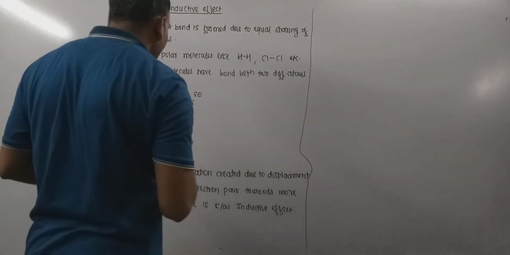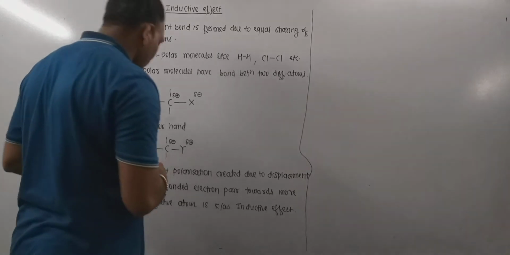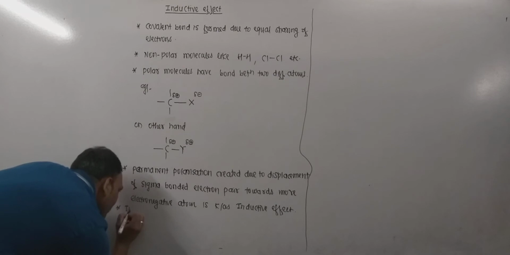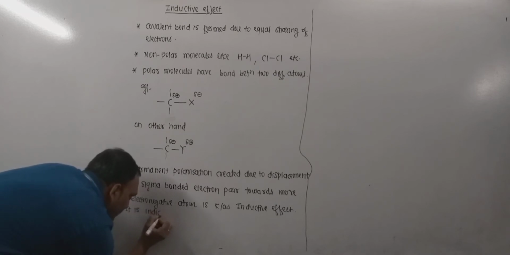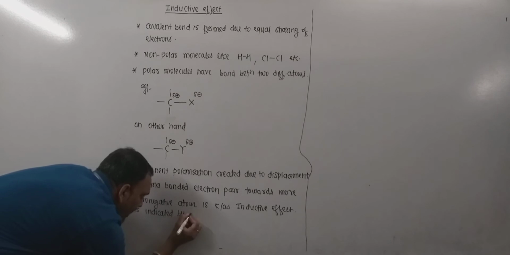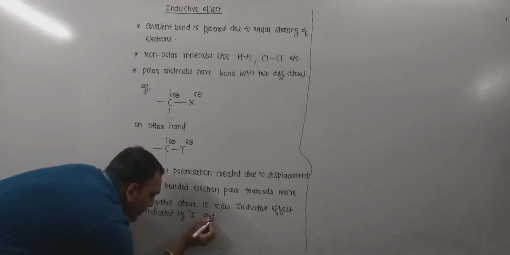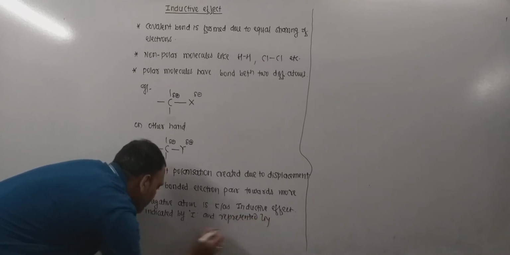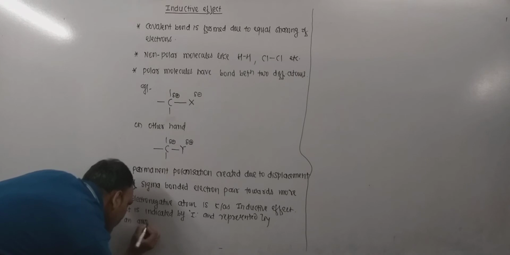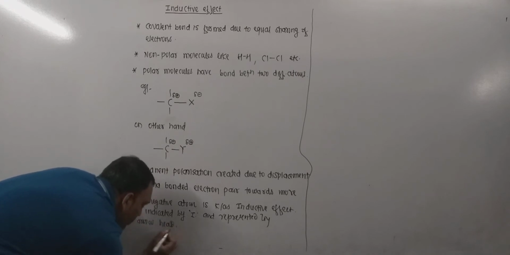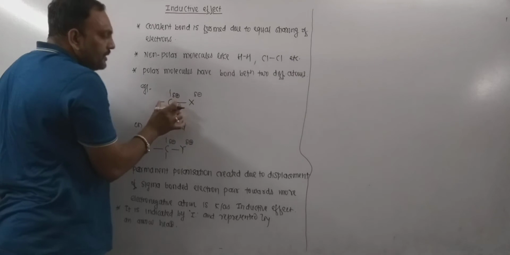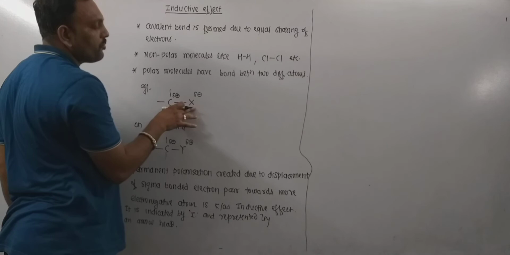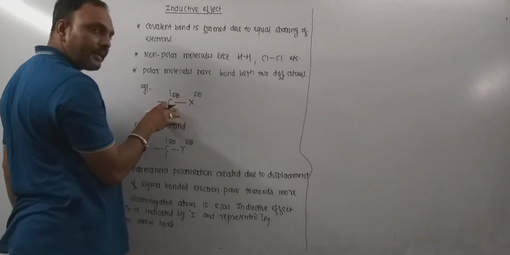Now this is indicated by I. I mean, the inductive effect is indicated by capital I, and represented by an arrowhead. For example, in this case, this electron pair is displaced towards X, as X is more electronegative than carbon.